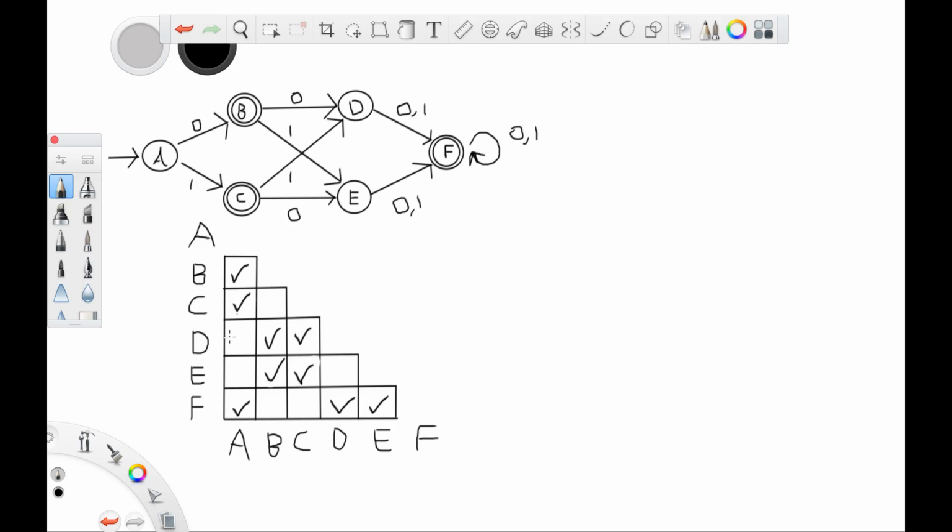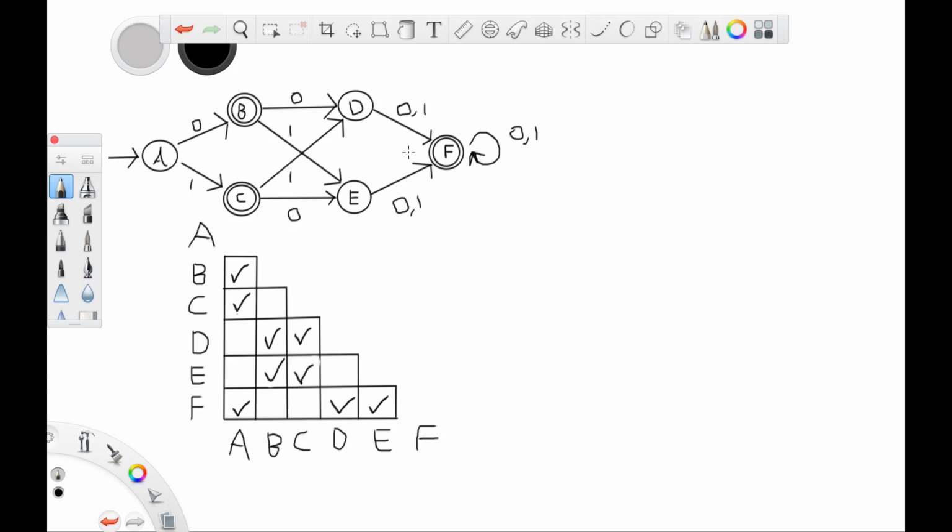What about DA? Well, if D is given an input of 0, it goes to F. If A is given an input of 0, it goes to B. BF is not checked, so we don't check DA. And what about 1? Well, if D is given an input of 1, it goes to F. If A is given an input of 1, it goes to C. CF is not checked, so again, we don't check DA.